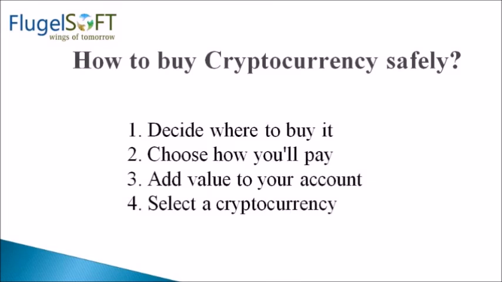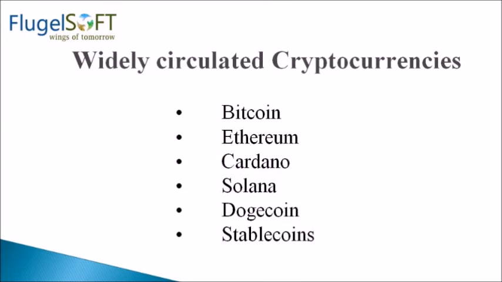So some of the widely circulated cryptocurrencies, including Bitcoin and some Bitcoin alternatives, are: number one, Bitcoin, which is the first and most valuable currency. Number two is Ethereum. It is commonly used to carry out financial transactions more complex than those supported by Bitcoin. Then number three, Cardano is a competitor to Ethereum led by one of its co-founders.